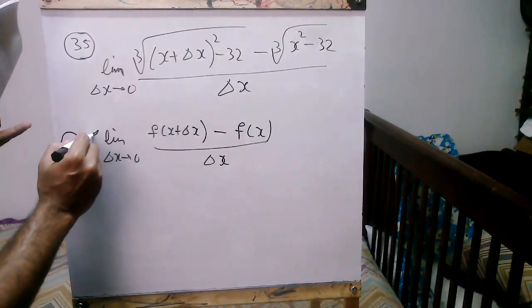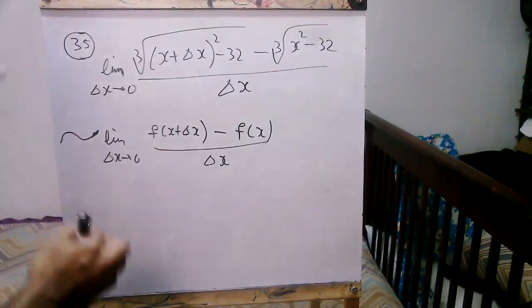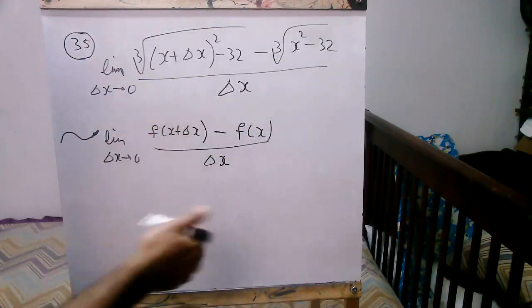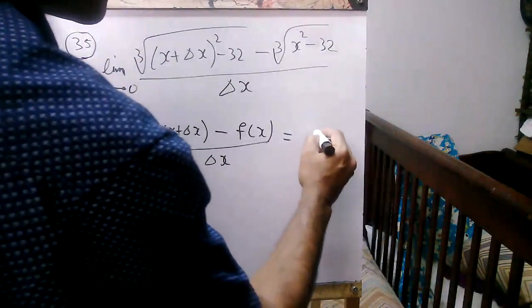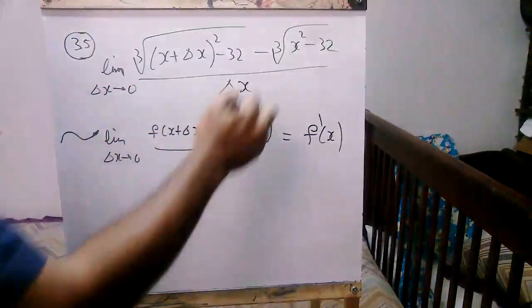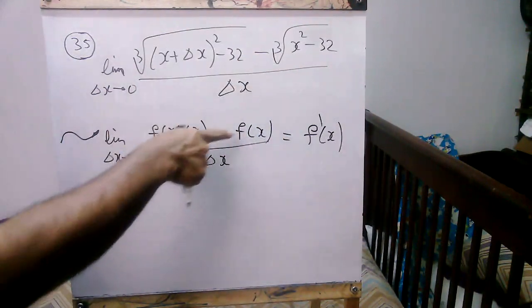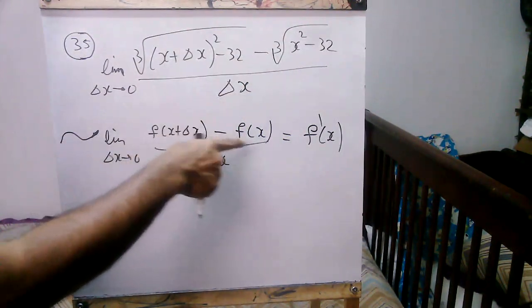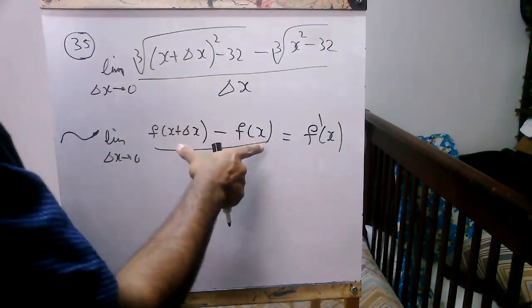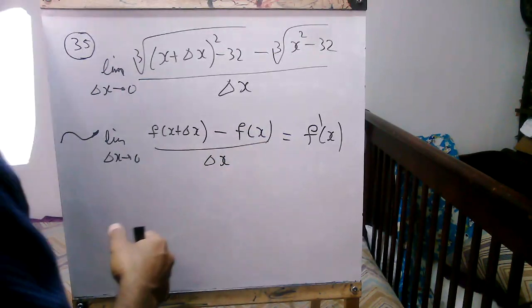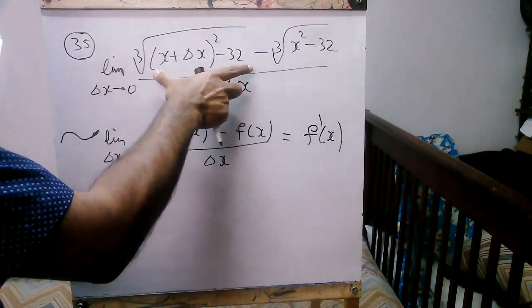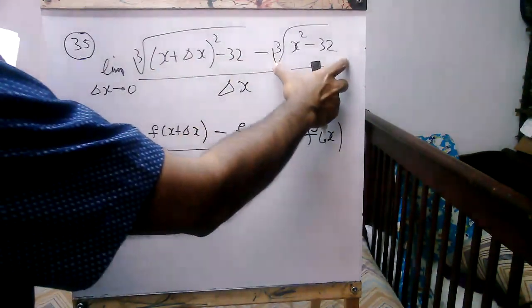Now this whole thing is the derivative of f(x), f dash x, right? Comparing these two, f(x plus delta x) is this, f(x) is this.